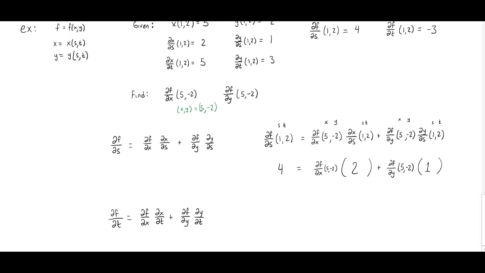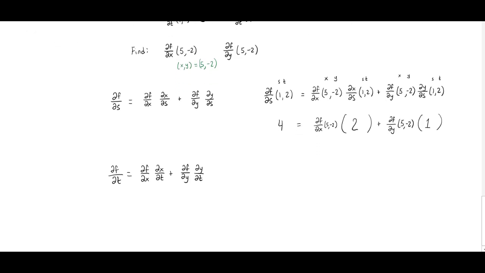So then if I try to evaluate when s and t are 1 and 2, it's going to be similar. We're going to have partial of f with respect to x. When s and t are 1, 2, again, x and y should be 5 and negative 2.